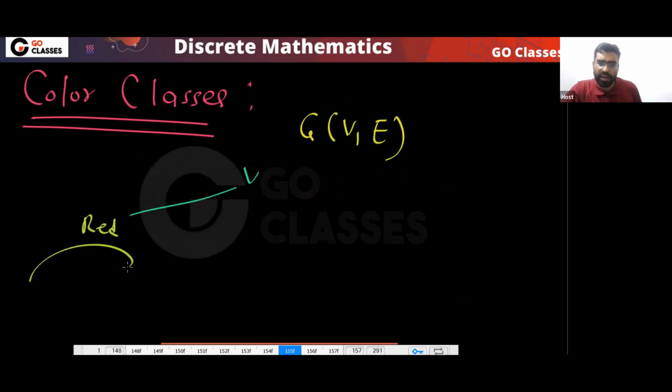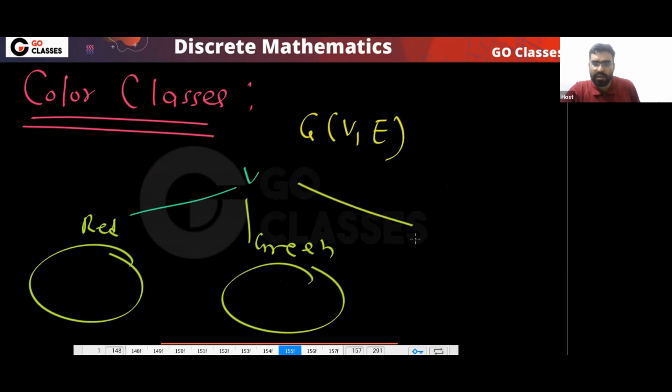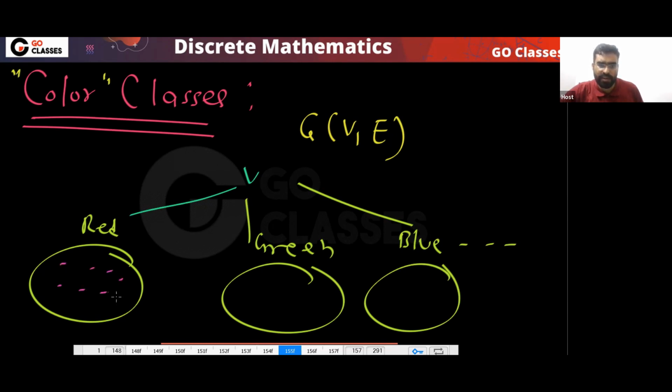All the vertices of red color here, all the vertices of green color here, all the vertices of blue color here, and so on. So this is called color classes.